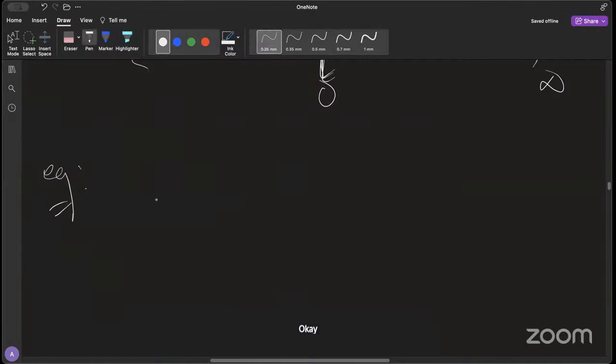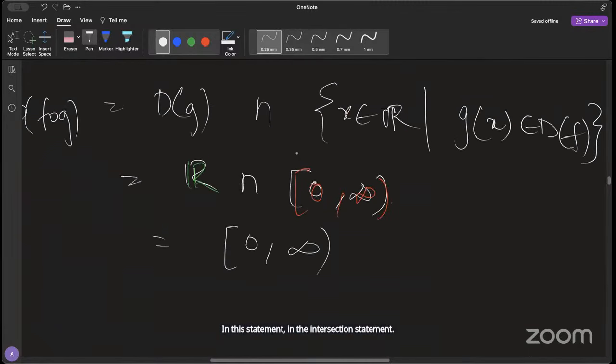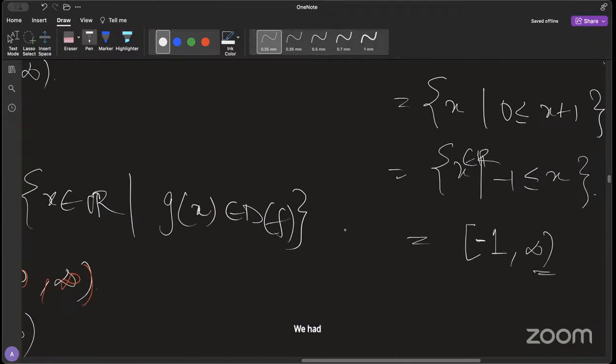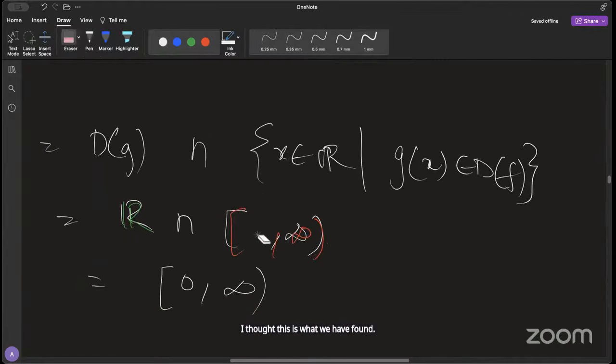Okay, so let's try to do this one. f(x) is equal to 1 by x and g(x) is equal to x square minus 4. In the intersection statement, what about -1? Sorry, I thought this is what we've found. Thanks for correcting it.